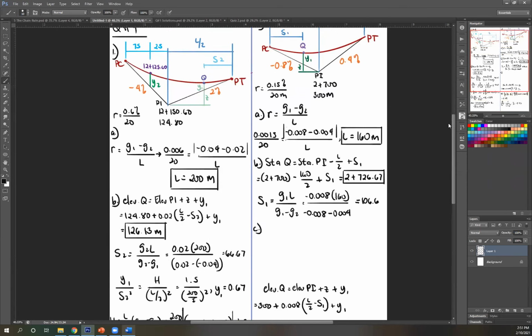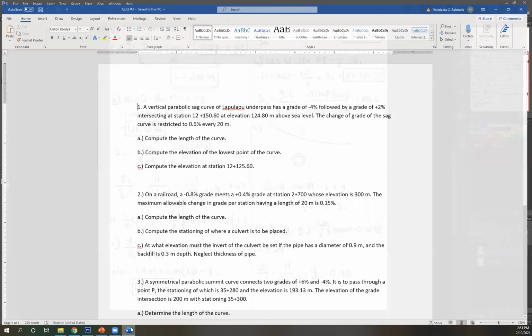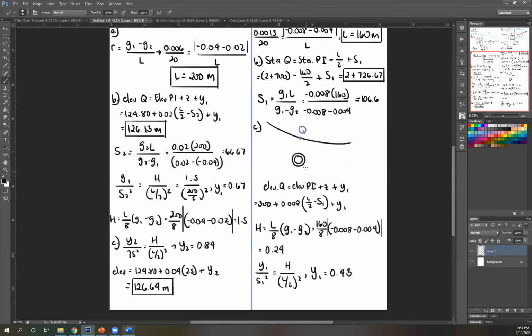So this is your station Q. Want to know what elevation is your pipe? So that's your pipe. Pipe has a diameter of 0.9.